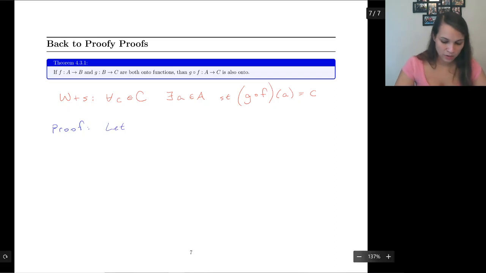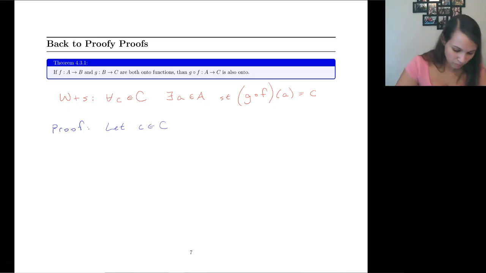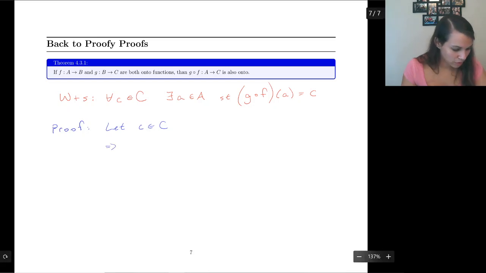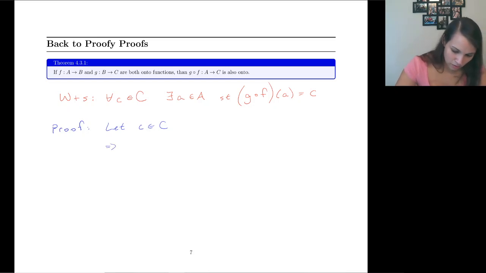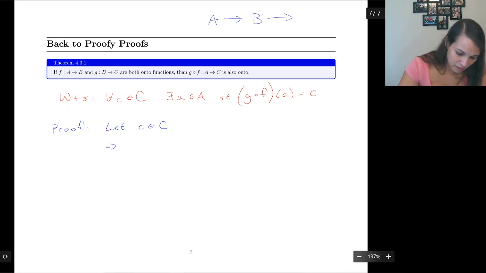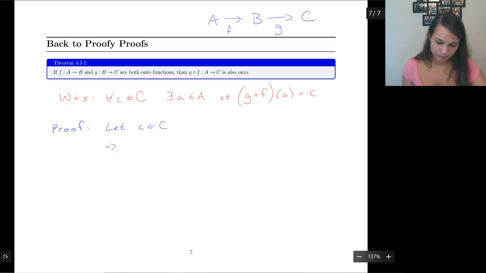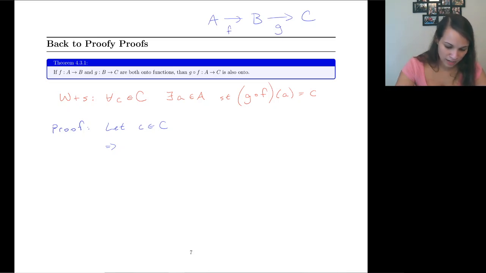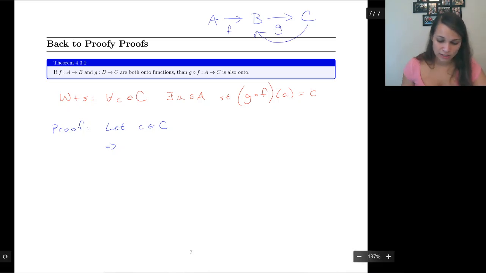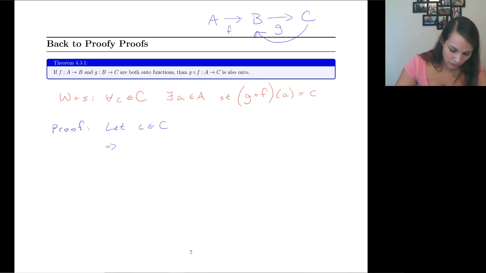So now let's start our proof. Onto always says let's start with an element in the range. So let c be an element of C. Then what do we know about that? So we've got A maps to B maps to C. This one's going to be g, this one's going to be f. I know that I can get back into the set B from little element c.